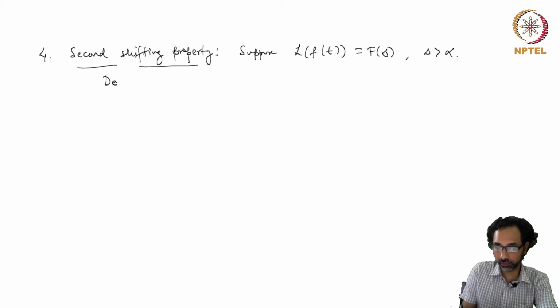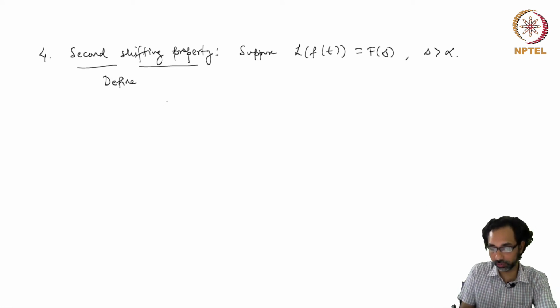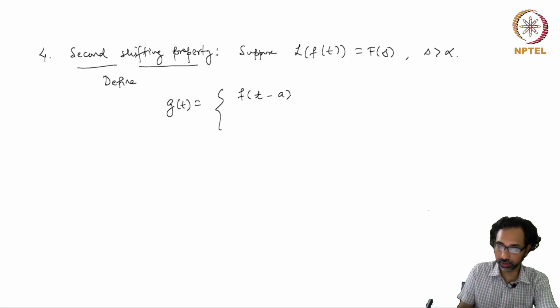Now define a new function g(t) to be f(t minus a) for t greater than a and 0 for t between 0 and a.